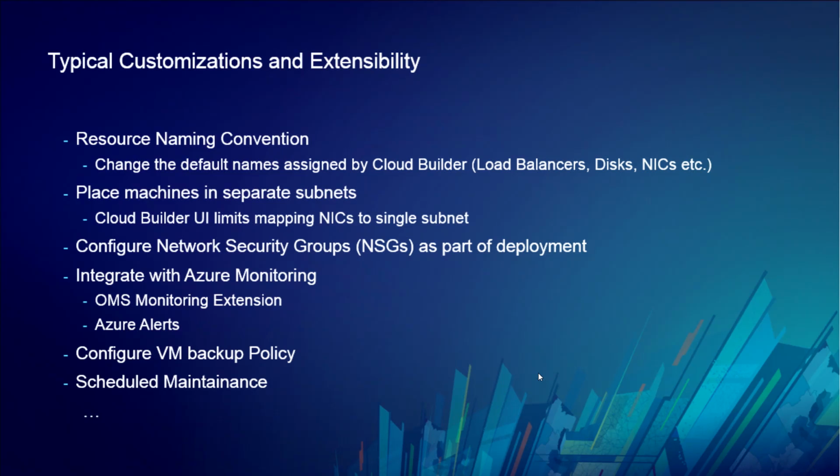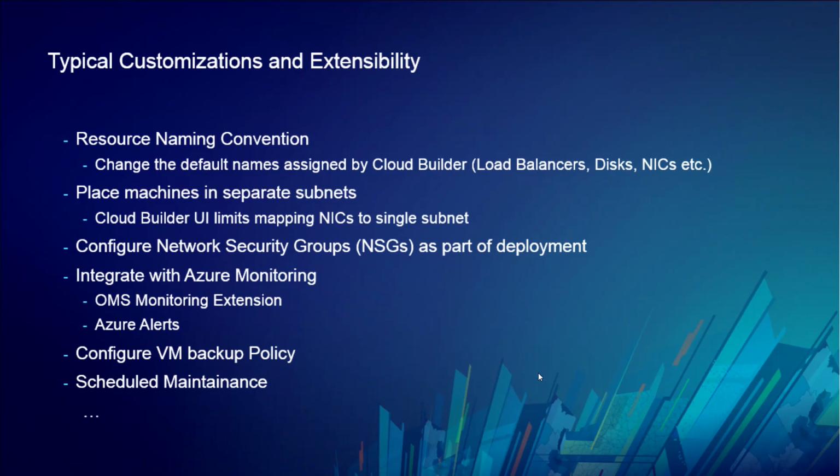And then another example is if I'm doing a multi-tier deployment, I actually want to separate out my machines into different subnets, right? So some people try and create a DMZ sort of environment. So Cloud Builder doesn't have a user interface for defining multiple subnets, but you can actually do that through the automation artifacts.